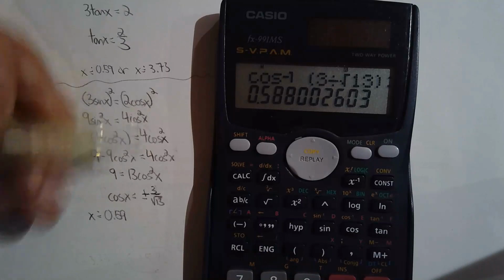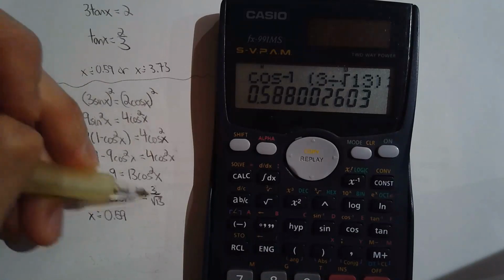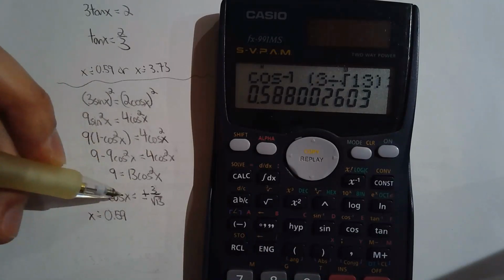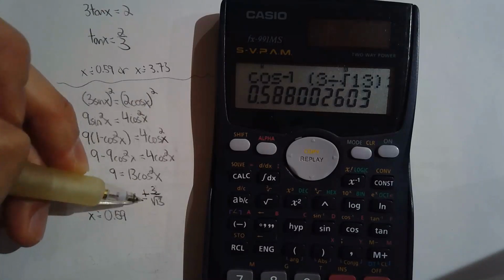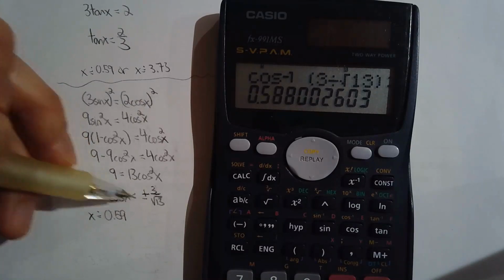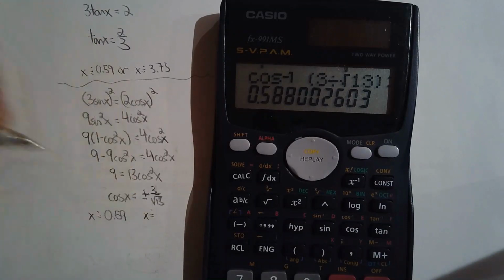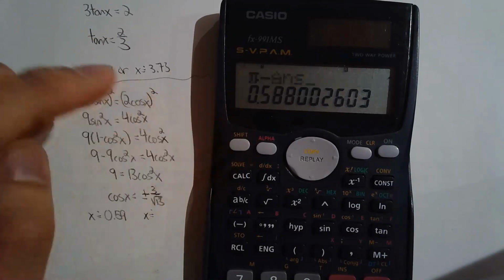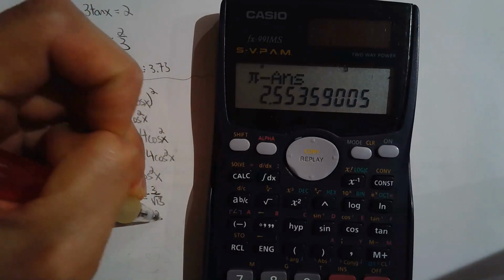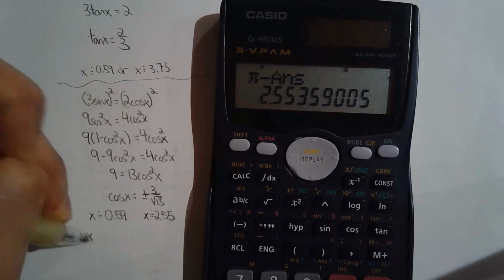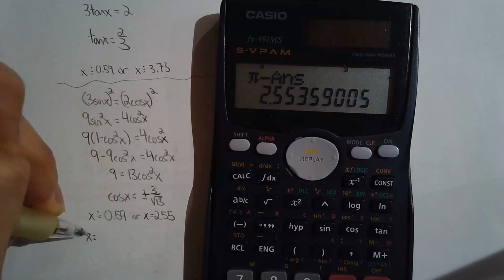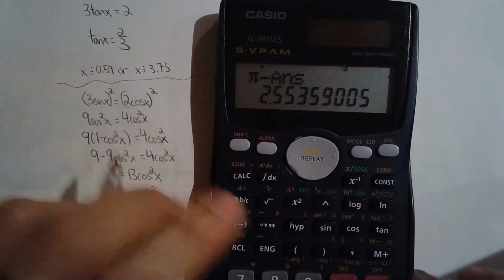But wait a minute. In the second way of doing this question, I'm not going to get 2 answers. I'm going to get 4 answers. Because plus or minus, right? So it's quadrant 1, 2, 3, and 4. There's a quadrant 2, pi minus. Then the quadrant 3 answer.